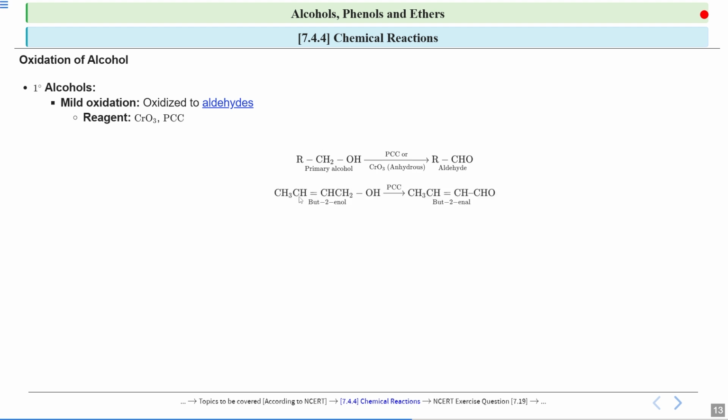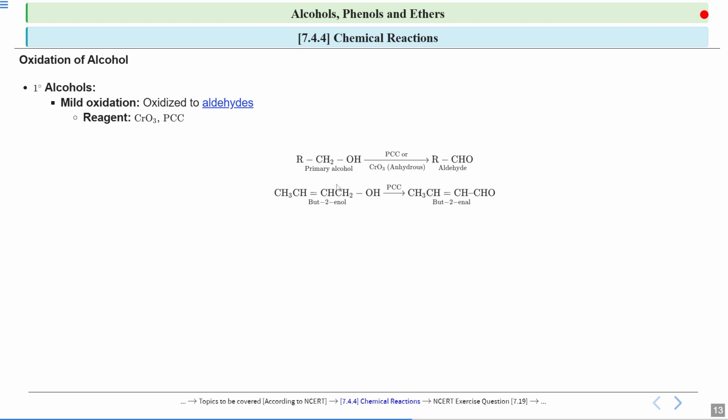So this is a primary alcohol. See, the carbon to which your OH group is attached is further connected by one carbon atom only. So this is a primary alcohol. It is but-2-enol, because at the second carbon there is an alkene, a double bond present. So this is 1, 2.